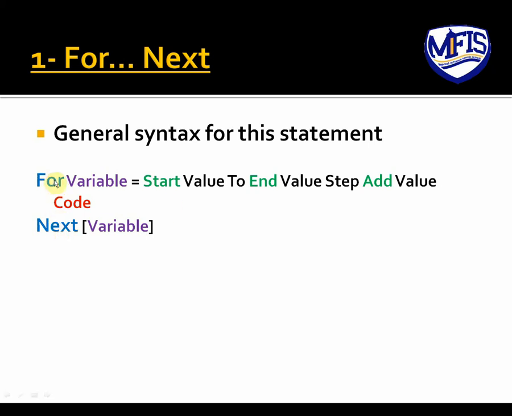After for, we write the variable counter, and of course because this is a loop, there should be a start value and an end value, and we also may add a step value. And between the beginning of the loop, for, and its end, next, we put the code that will be repeated.